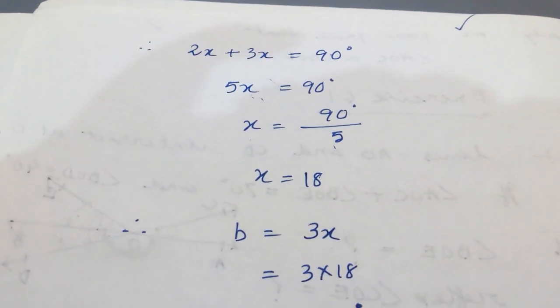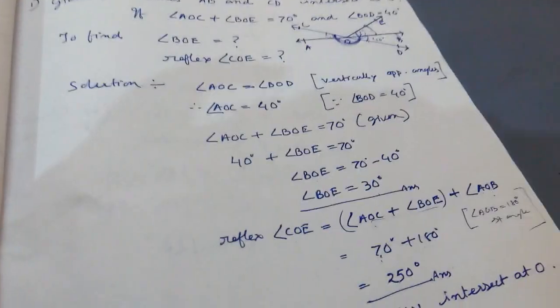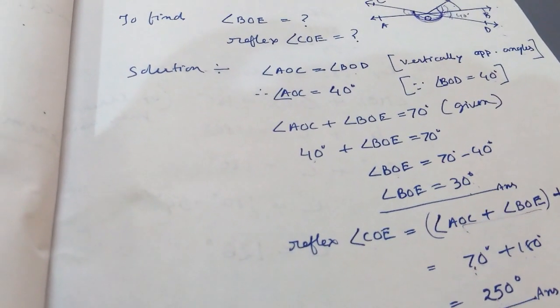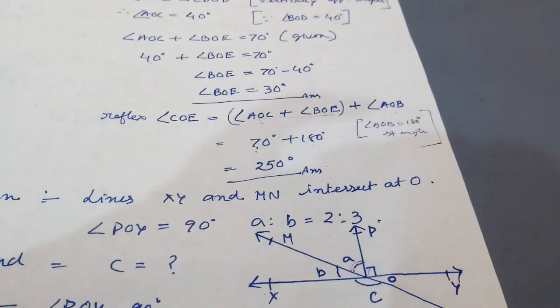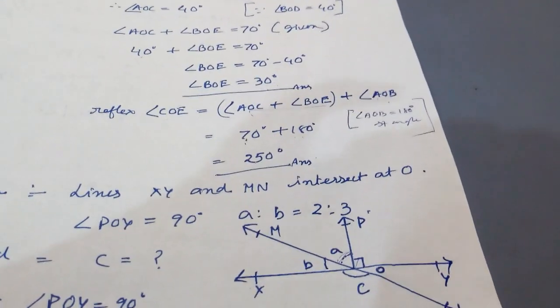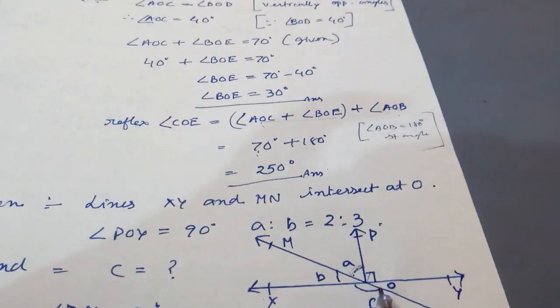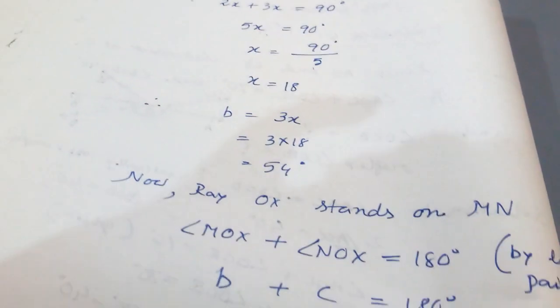Now ray OX stands on MN. You look at the figure. Line OX stands on MN. Therefore MOX plus NOX is equal to 180 degrees. By the linear pair axiom, b plus c is equal to 180 degrees.